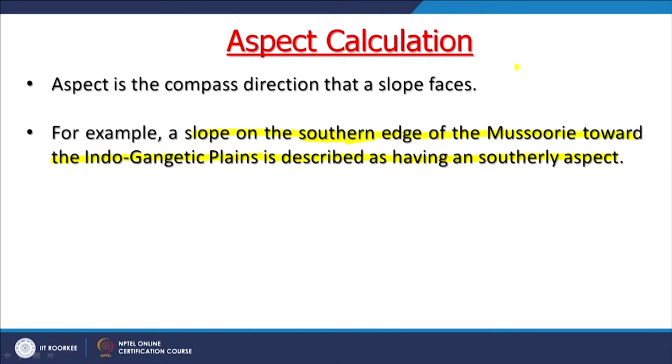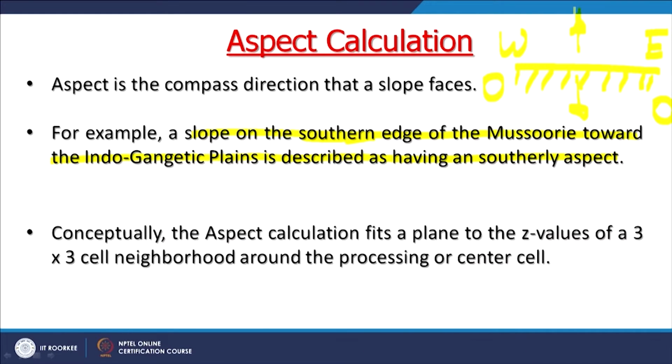Roughly the ridge runs east-west, and if I am looking towards the south, then this sloping surface is southward, or we also say sun-facing slope, because in the morning the sun is here, and in the evening the sun goes somewhere here. So the entire day the south-facing slope faces the sun, whereas the north-facing slope on the other side will have hardly any sun except at noon.